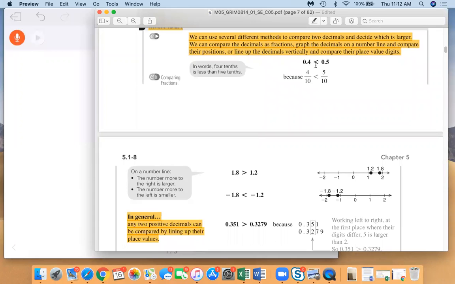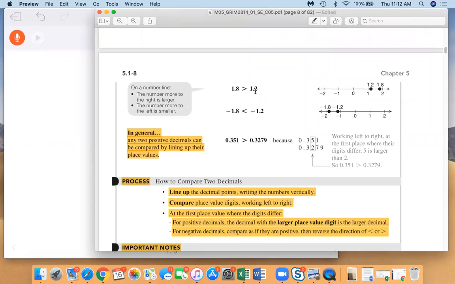So in this case, we have 0.4 is clearly less than 0.5. They're both in the tenths spot and the 4 is smaller than the 5. But the reason for that also is this corresponds to 4/10 and this corresponds to 5/10, and that 4 is less than 5. Down here we have 1.8 is greater than 1.2 by looking at the number line. We know 1.2 is closer to 1 and 1.8 is closer to 2.